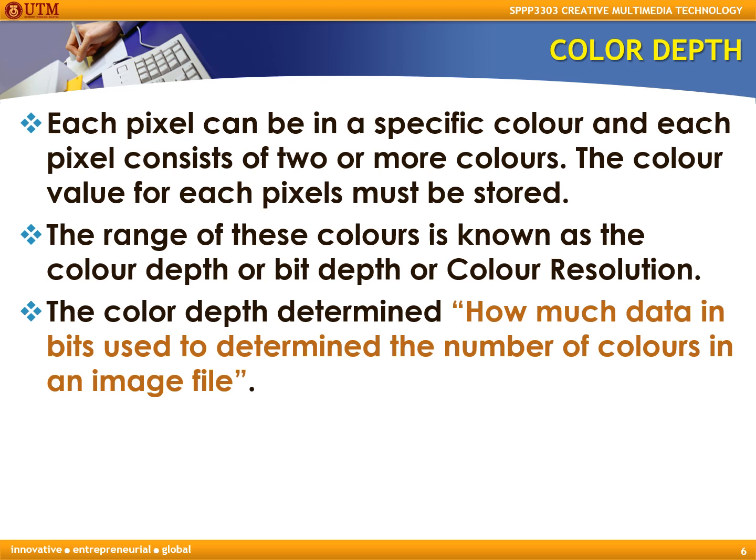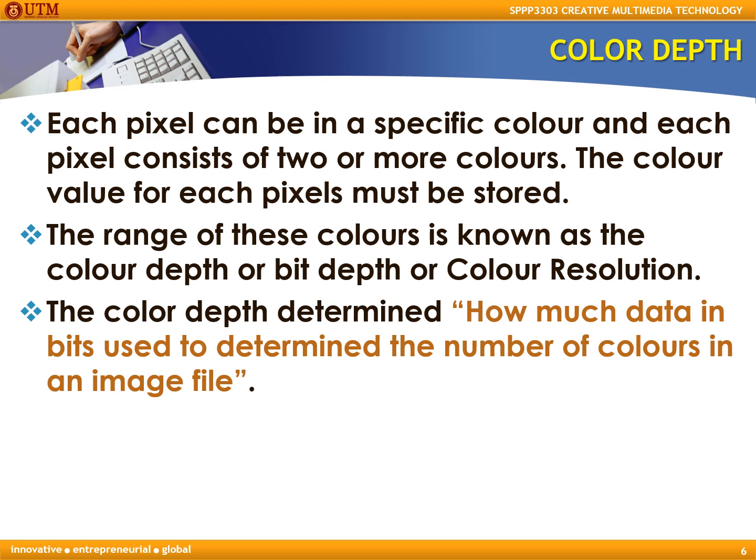The more colors it has, the higher the quality of the image will be. The range of these colors is known as the color depth, or bit depth, or color resolution. So the more colors it has, the higher the image quality.